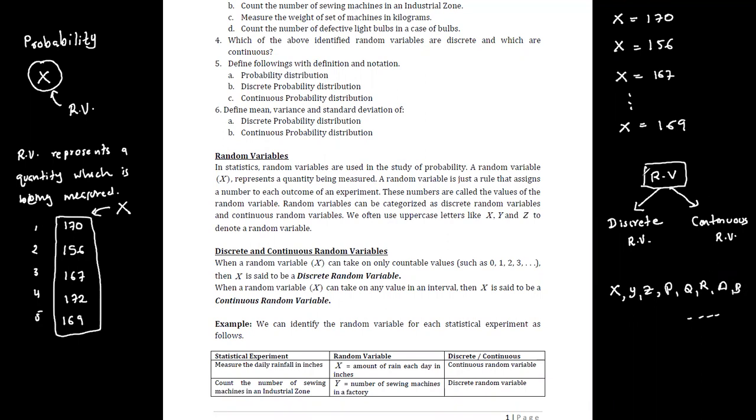Generally, we are not using lowercase letters to denote a random variable. We represent elements by lowercase letters, and generally we use uppercase letters to denote a random variable.